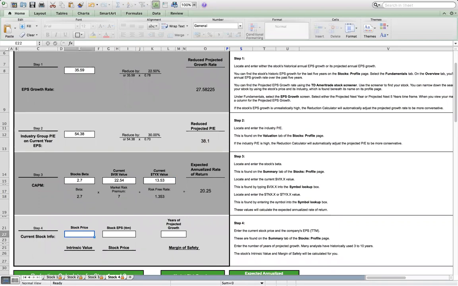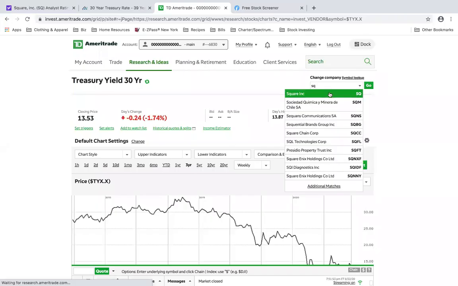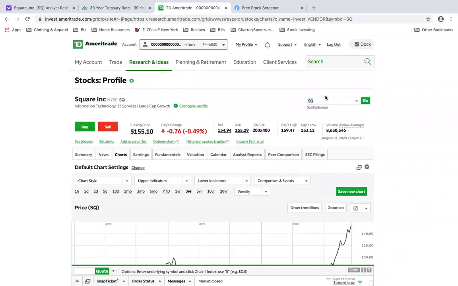Yeah, the current stock price, which for Square is 155.10 at closing.